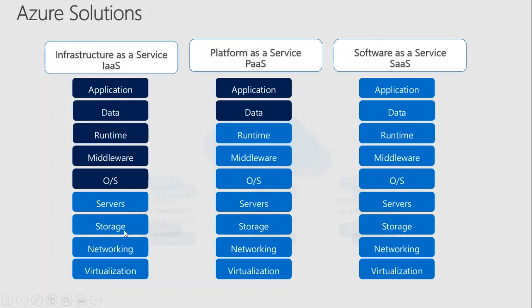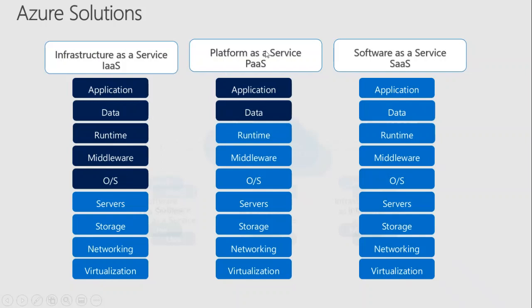The servers, storage, networking, virtualization, everything will be taken care of by Azure, the Microsoft. So we don't need to rely on these things. We just need to have our own application, and our own data and runtime, middleware, and operating system. Only these things we need to worry about.